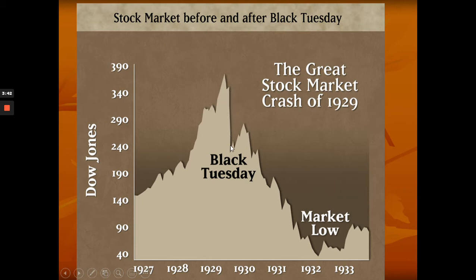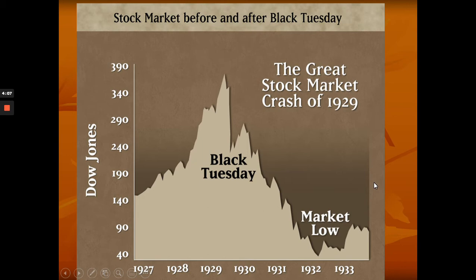And it just crashed. And people freaked out. People jumped off of bridges, hung themselves in the bathroom. And then it just kept getting worse. So here's the stock market crash, but then the stock market just kept going down and down and down. And so by 1932, it was at its lowest.